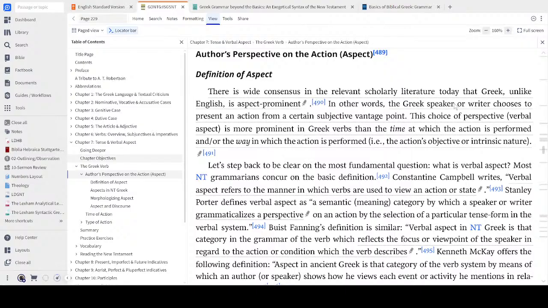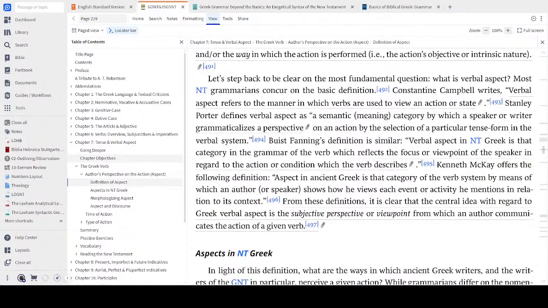objective or intrinsic nature. As I mentioned, time is the prominent feature in the indicative. Although both time and aspect are at play, time is more important, and you're going to see why that is very soon.